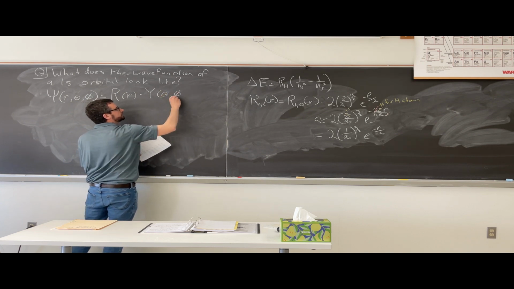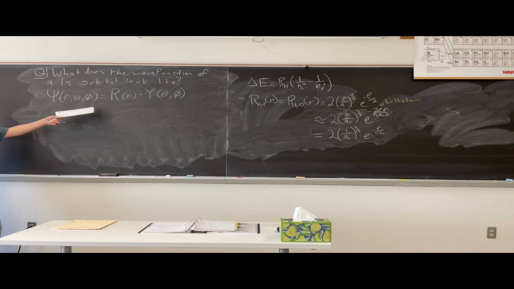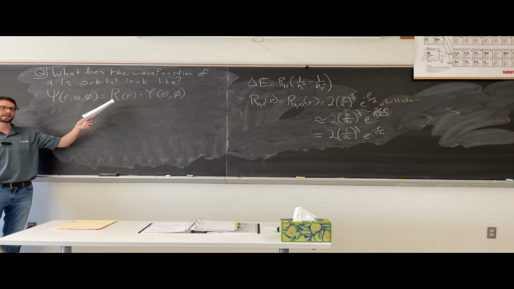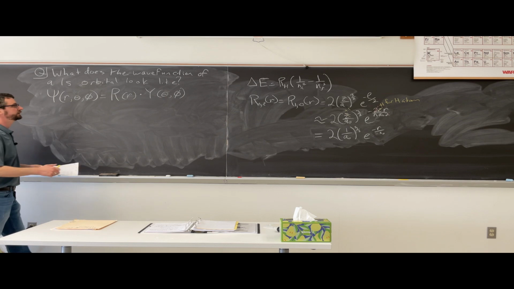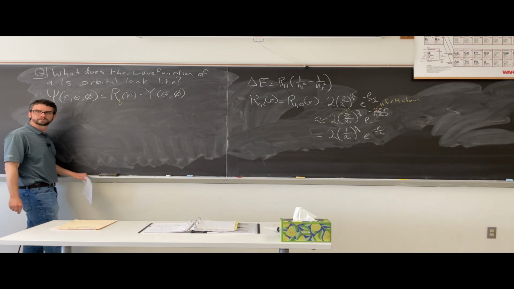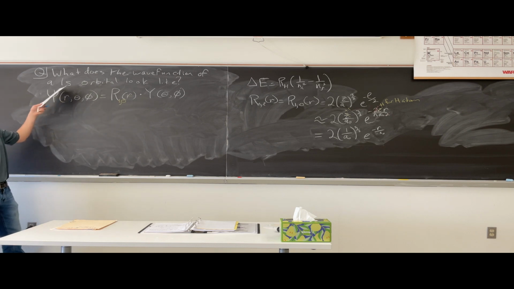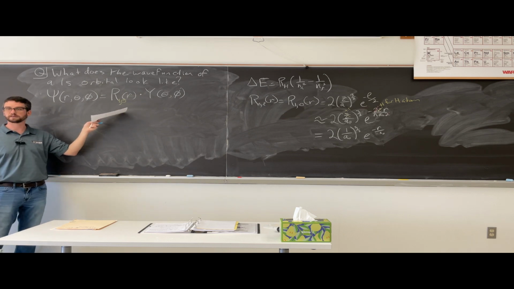Yep, theta and phi. What other things do I need to indicate in here? Yep, n and l. With R, we indicate the n and the l value. What's our n value? 1, and our l value. How do you know? Yep, we're told a 1s orbital. So that tells you the n value, and then the orbital type tells you the l value.